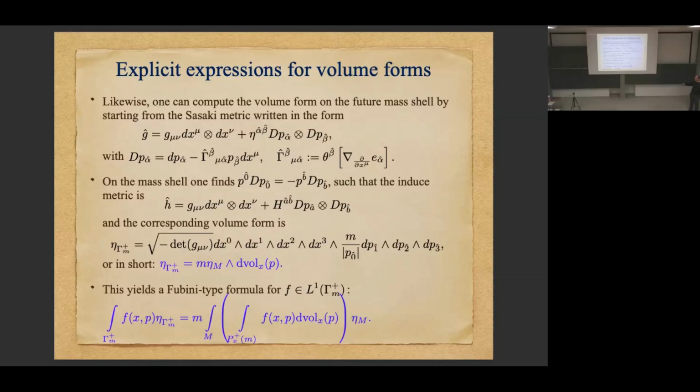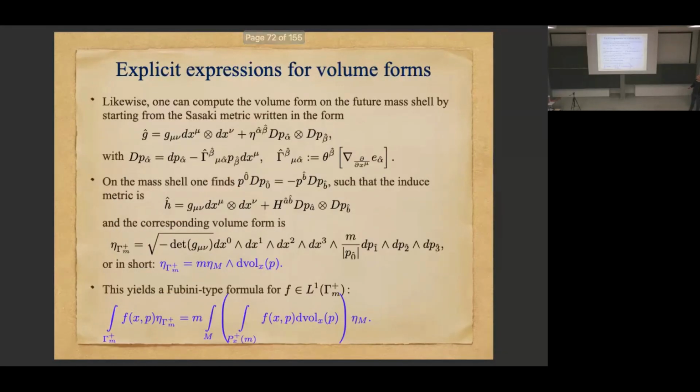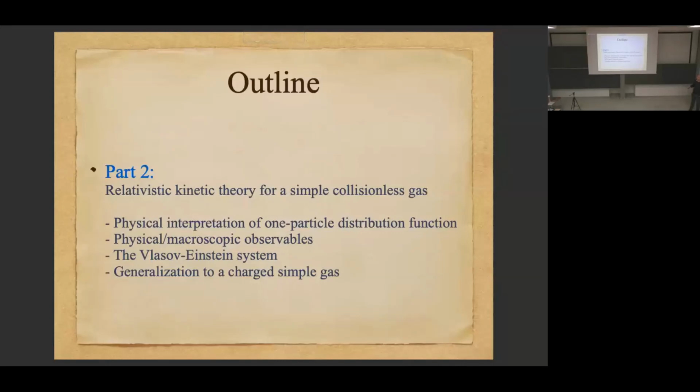If I take an integral of a Lebesgue integrable function over the future mass shell, you can write it as an integral over the fiber, which is the future mass hyperboloid. So integrate first over p, and then over m, and then there's this mass term here. Okay, so that will be very useful, and I think I'm just on time to finish part 1. Or maybe you can take a break.